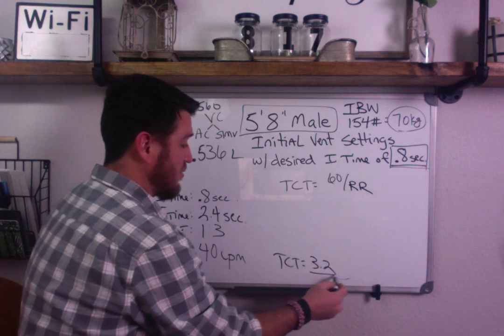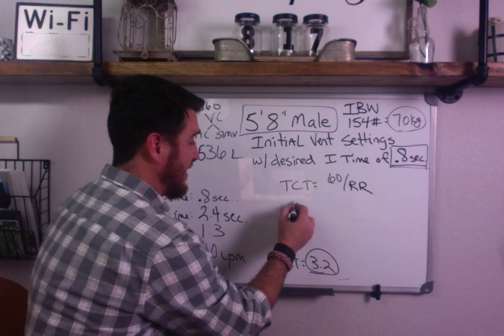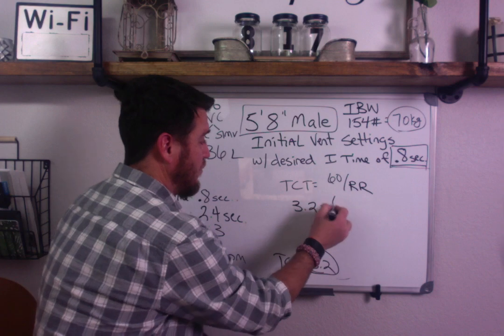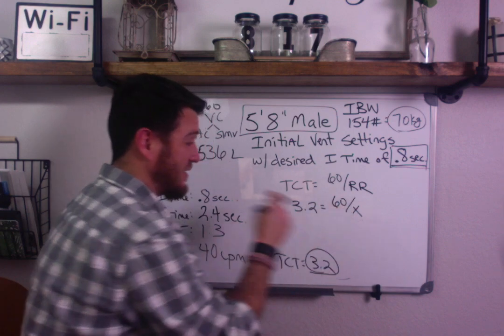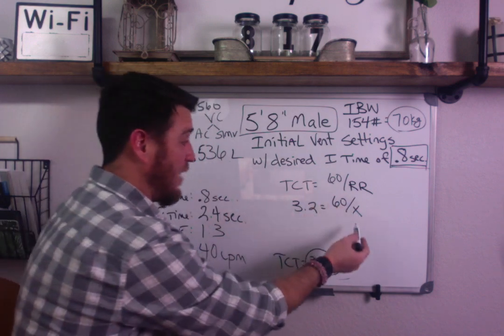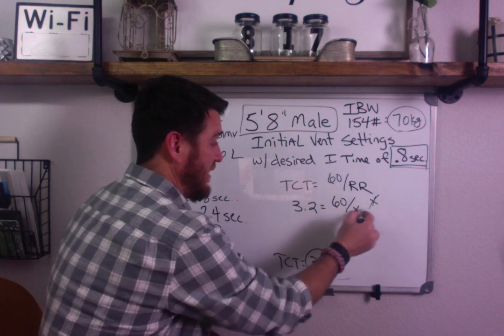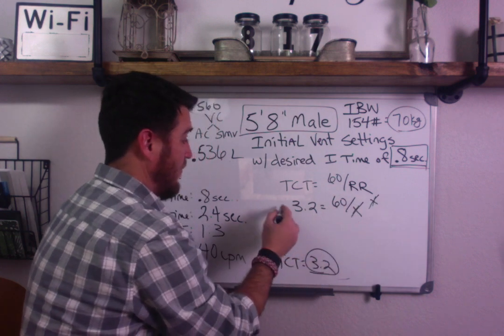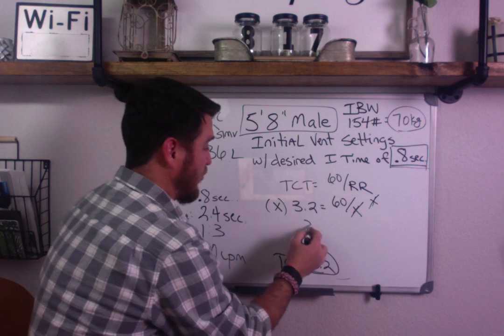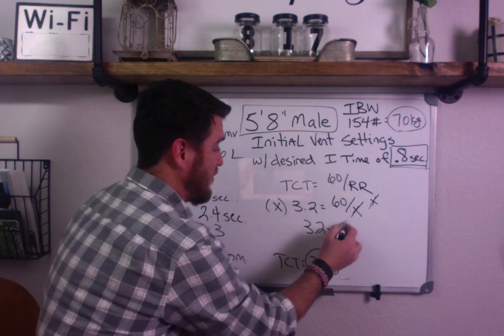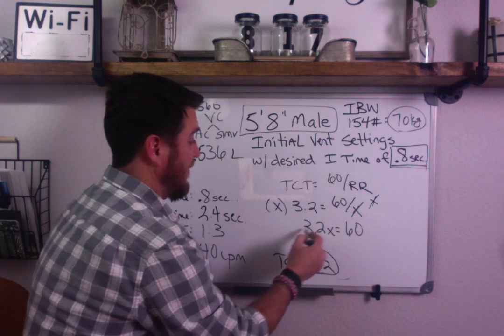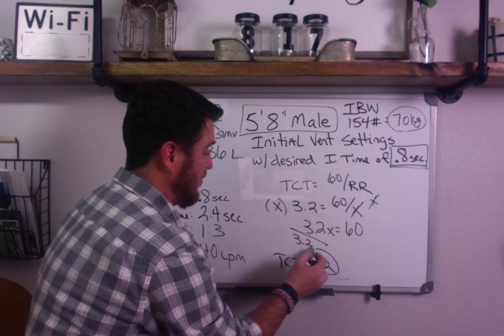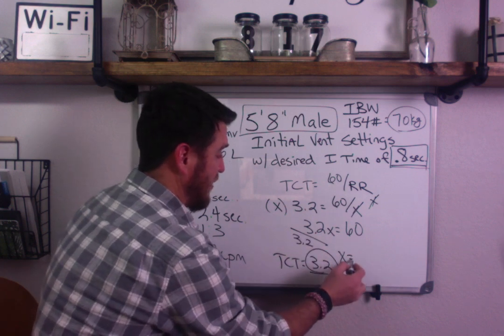So if we know our total cycle time is 3.2, we can say 3.2 equals 60 over X. When we solve for X, we multiply and get 3.2X equals 60. Divide this side by 3.2, and we'll get X by itself.